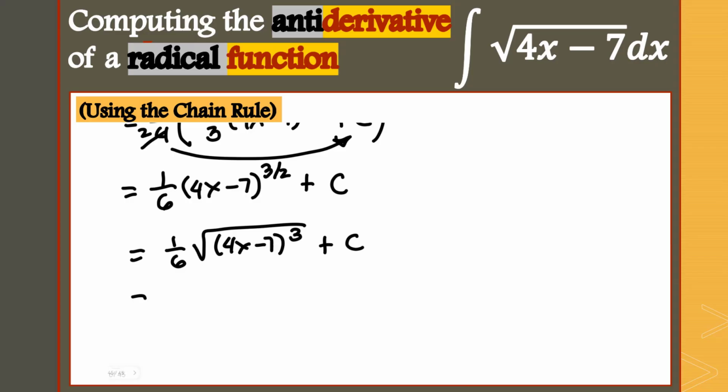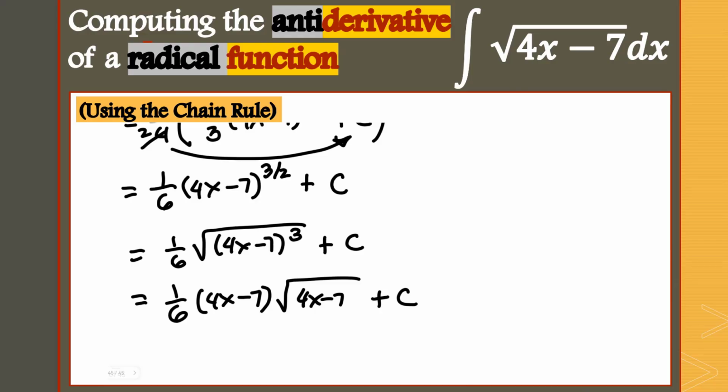So you will have here 1/6. Take note that the exponent 3 could be separated into a square of the binomial and another factor. So we have here 4x minus 7 times the square root of 4x minus 7. What remains here is just 1, because that's 2 plus 1. So the 2 is removed, returning to that, and plus c.